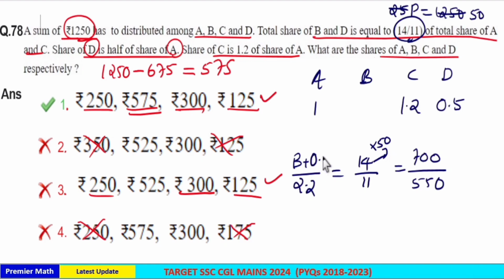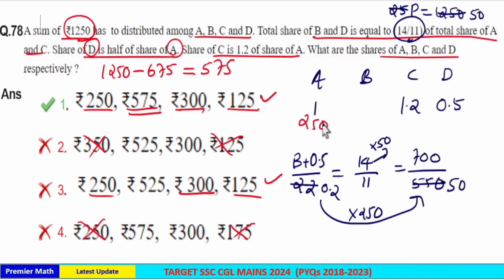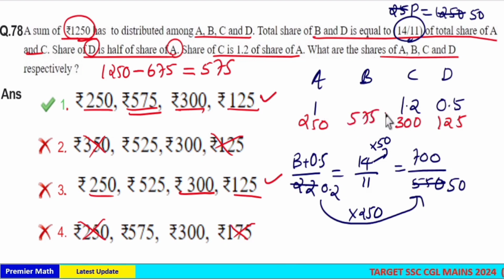Now 2.2 parts is 550, so 50 by 0.2 is equal to 250. So 1 part is 250, which means A is equal to 250 and D is equal to 125, and C is equal to 1.2 into 250, 300, which means B is 575.